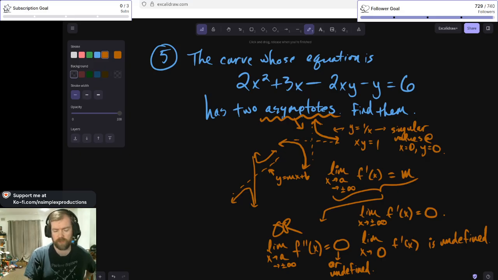In the case of a vertical asymptote, you can get undefined values.